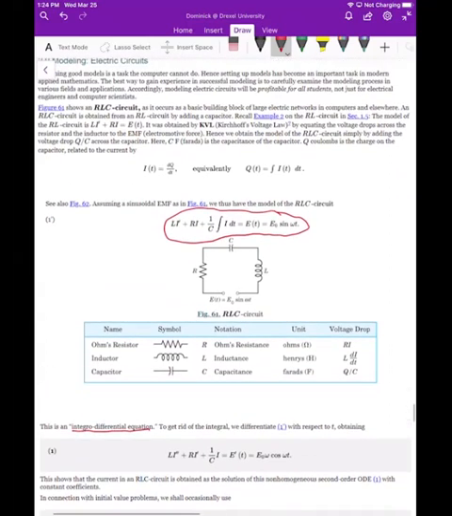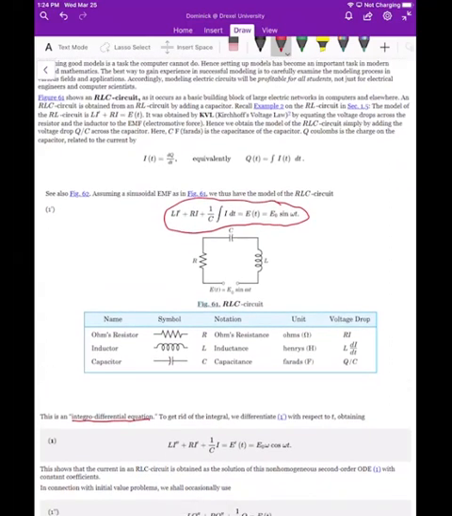But anyway, what's going on in this electrical circuit system is that anytime you see this jagged edge here, that's R, which is the resistor, measured in ohms, which is resistance.